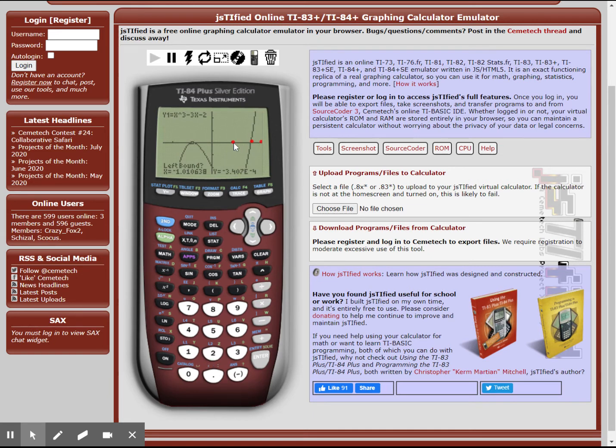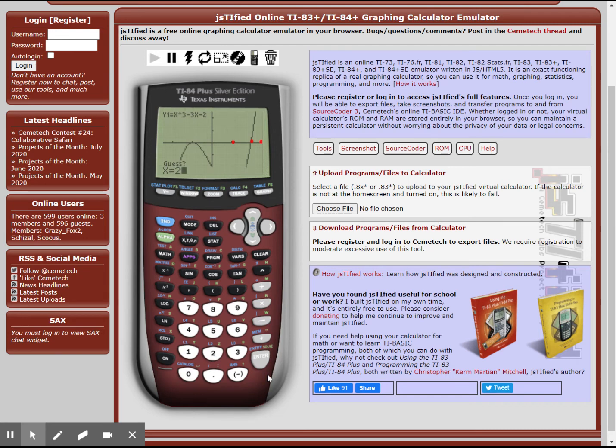A point to the left of my 0 would be here at 1, so left bound is 1 and hit enter. The point to the right of my 0, we'll say 2.5 and hit enter.